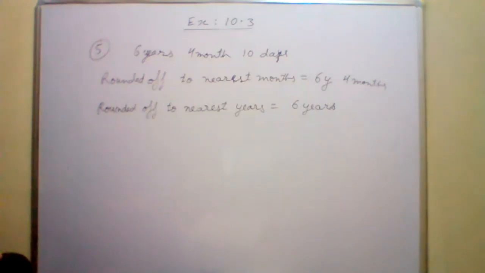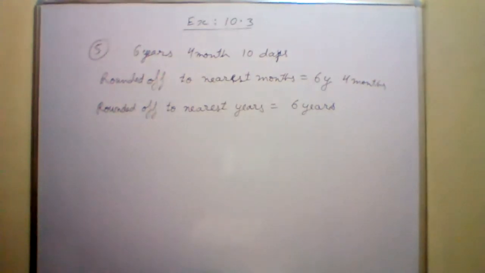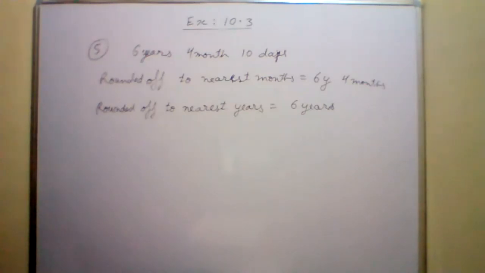Sir, I think profit and loss is difficult. I want to start profit and loss. Profit and loss is an easy chapter, but we have not done it. Sir, let us start profit and loss next. Sir, I have also done profit and loss in tuitions. We will decide this in the next class.